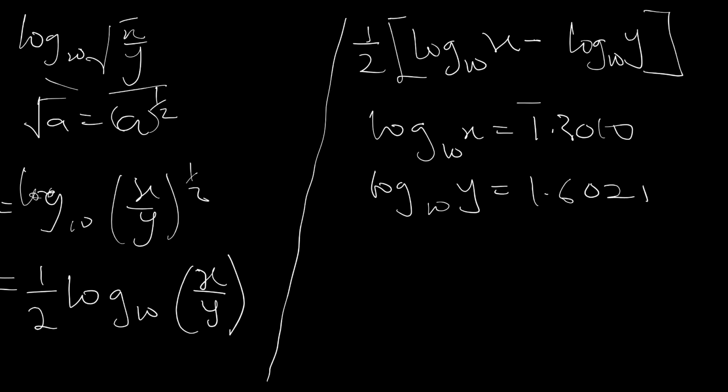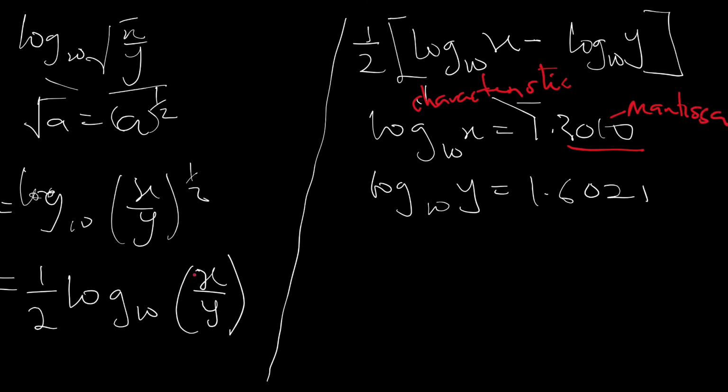So for the values of log 10 x and log 10 y, we have the characteristic and the mantissa. The whole number part is the characteristic, so bar 1 becomes our characteristic, and the decimal portion becomes our mantissa.